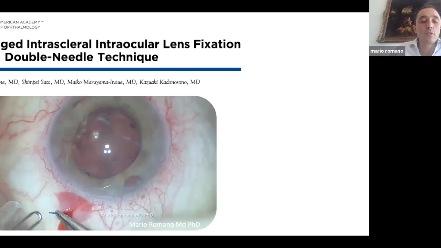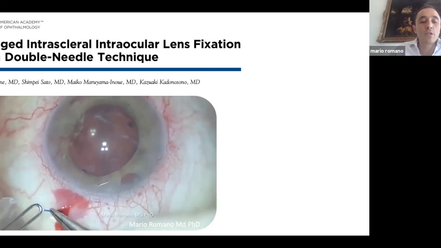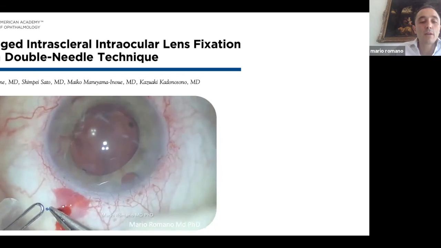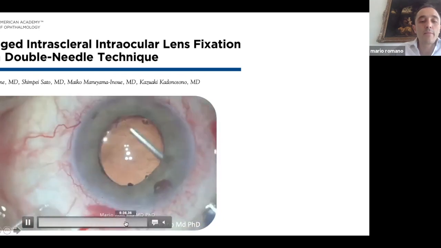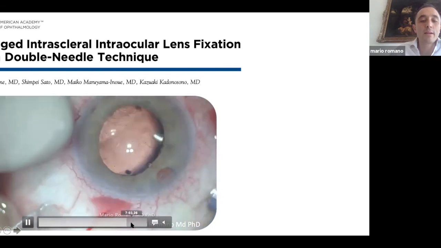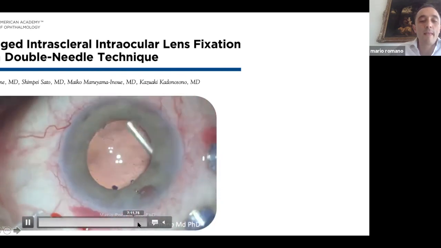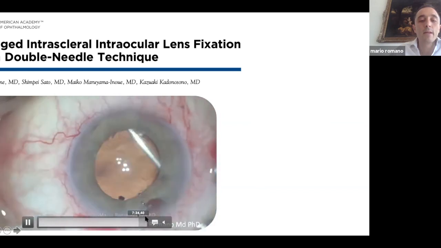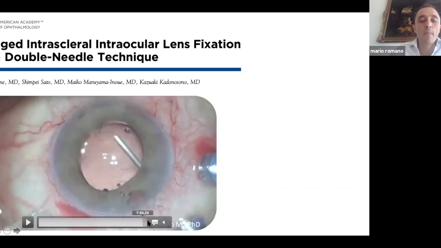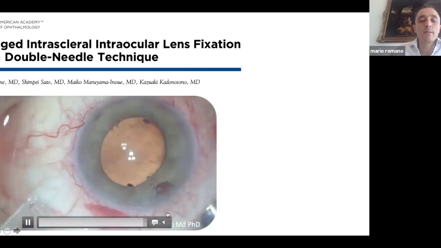You don't have to touch, just be nearby, but you don't have to touch. Then rotate a bit in order to bring the tip inside the sclera. And this was done by hand.